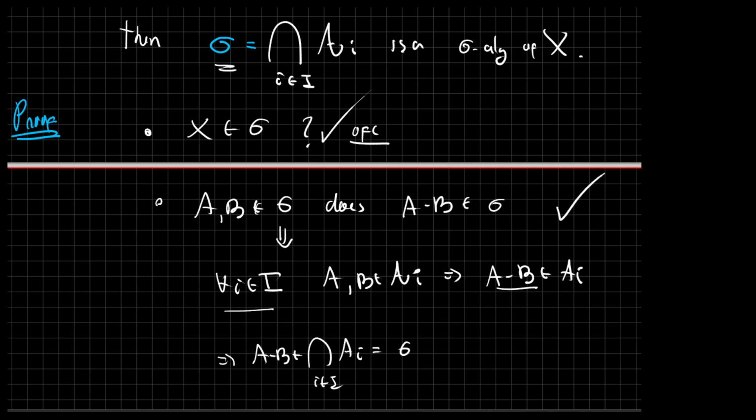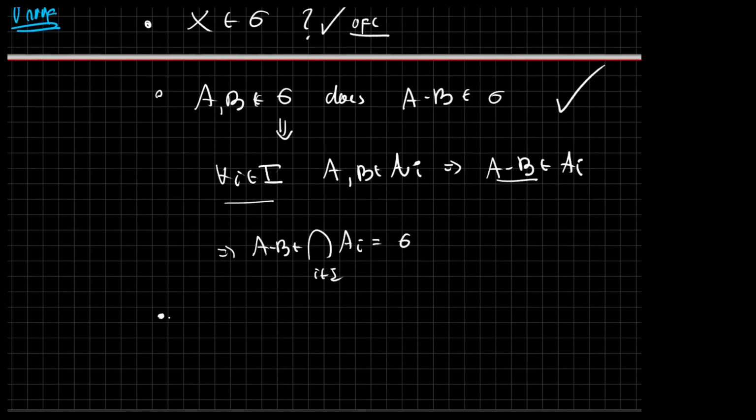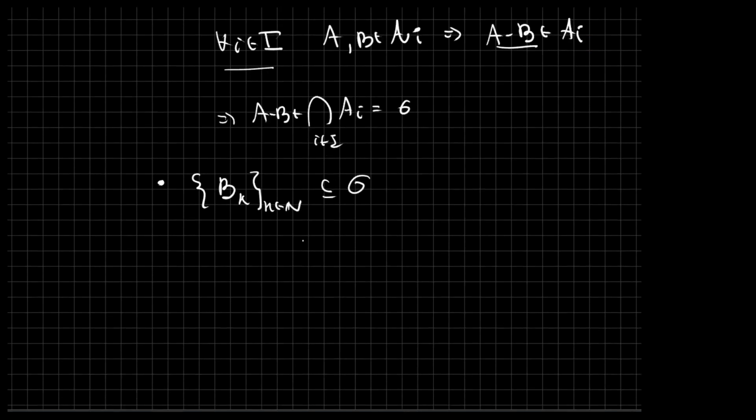So yeah, now finally, what happens if you have a countable family of elements in the sigma algebra, then its intersection? This is a family in every sigma algebra, then its union will be in every sigma algebra.